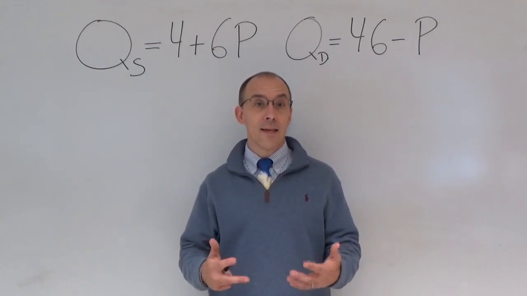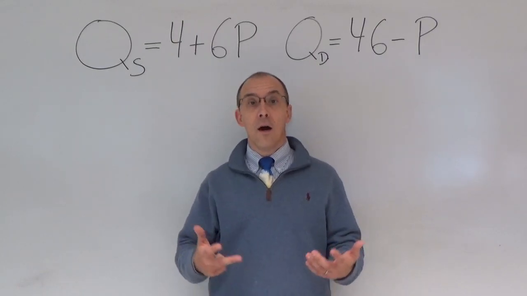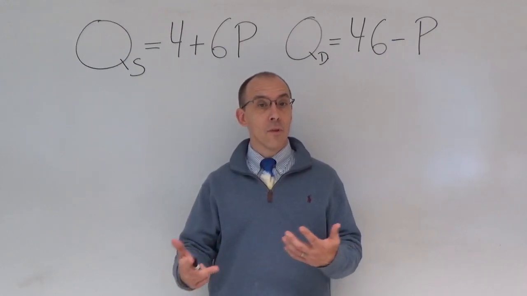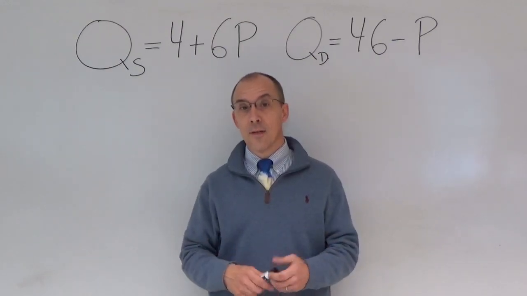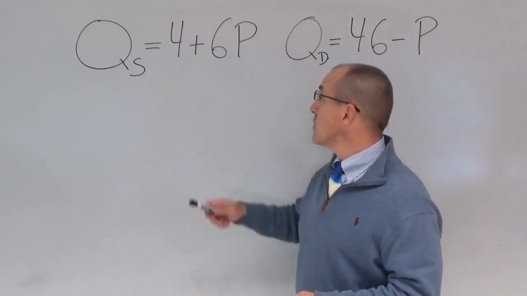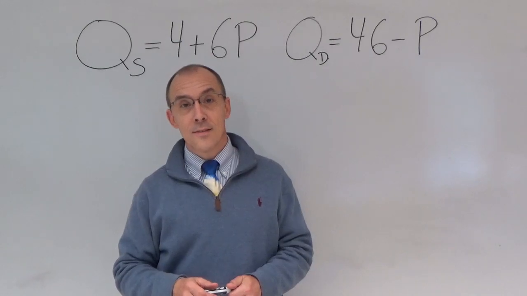Now we're going to take a look at elasticity in this marketplace for supply and demand within a certain range, and then look at how that might relate to the tax burden that we saw in the earlier problem. So we're going back to our original supply curve and our original demand curve, and we're going to be looking at price elasticity.